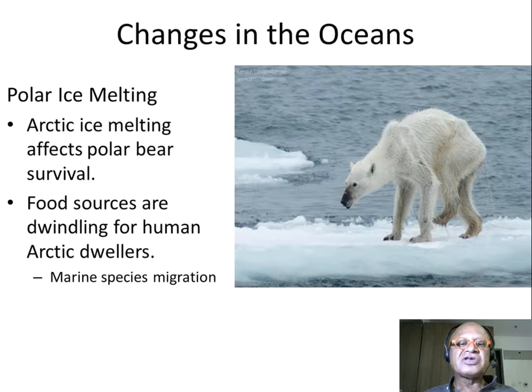Arctic ice melting obviously affects people who live there, like the Inuits, and species that live there, like the polar bear, the top predator, the apex predator. They rely on ice for wandering around and finding the holes and grabbing the seals or other fish in the waters. That's the way they live.